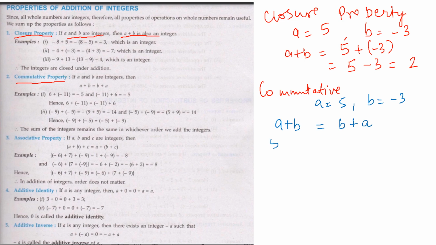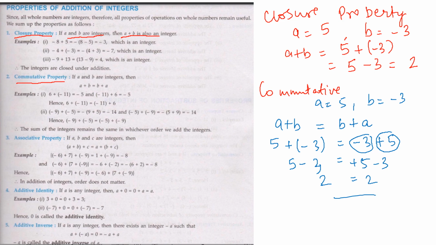Let us see. 5 plus minus 3 is equal to minus 3 plus 5. So 5 minus 3 is equal to, this is also 5 minus 3 only. If you look properly, this is plus 5 and this is minus 3, which can be written as plus 5 minus 3. So we see that 5 minus 3 is 2 and 5 minus 3 is 2. So the commutative property also holds for addition of integers.